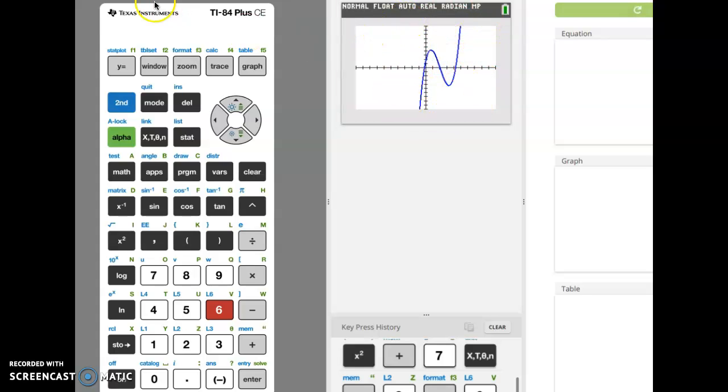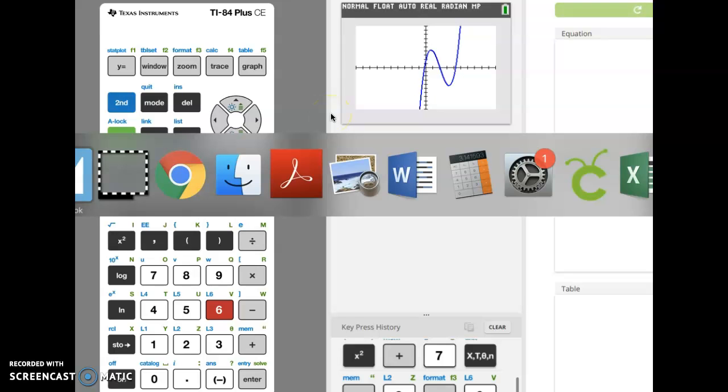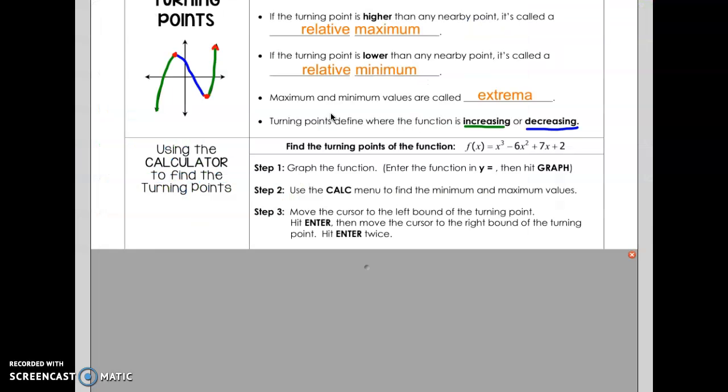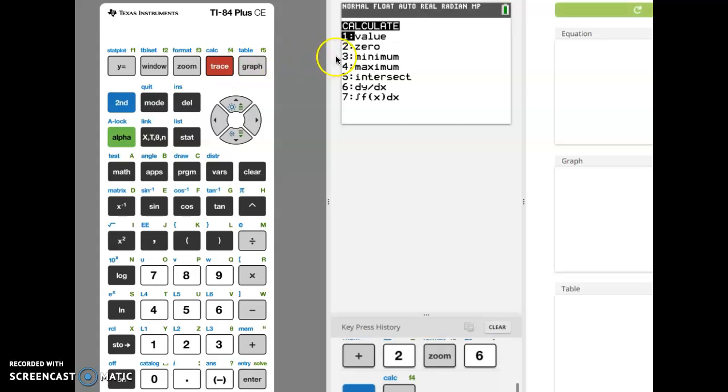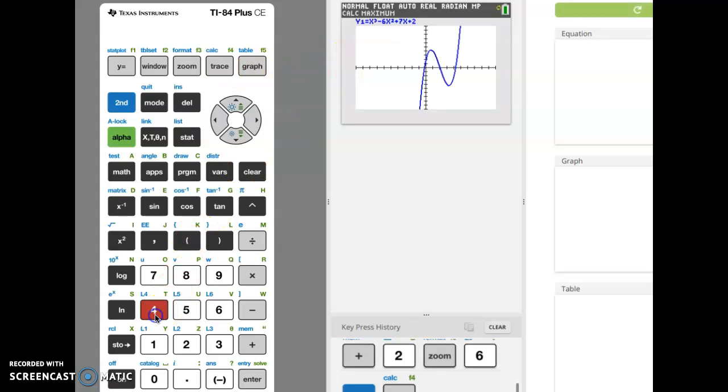Okay, so the next step after we've got it graphed is we are supposed to then use the calculate menu to find the minimum and maximum values. So that's second trace. Okay, and so second trace, let's find the maximum value first because it looks like that's what we're closer to.